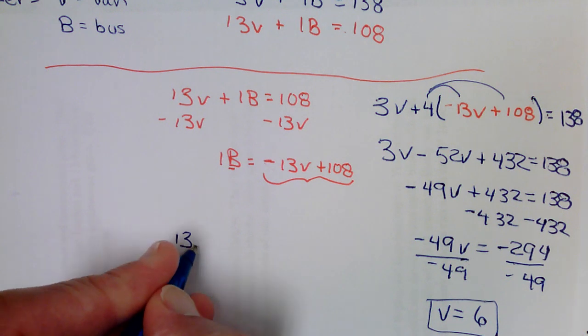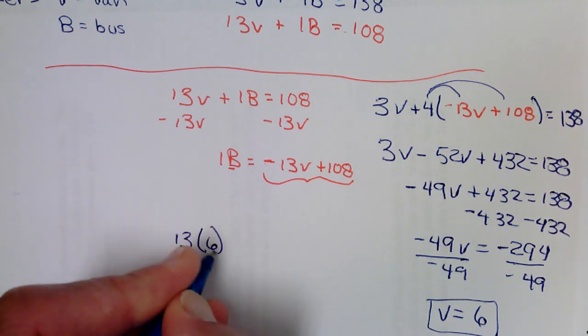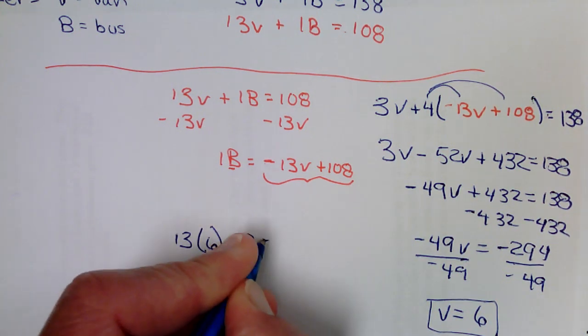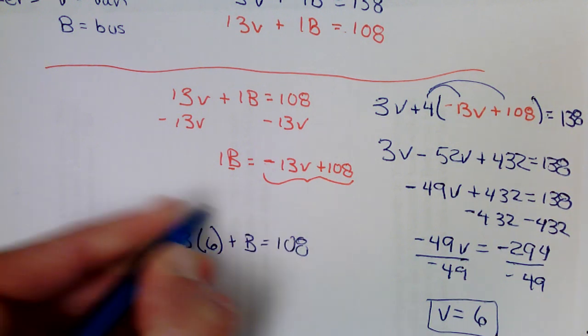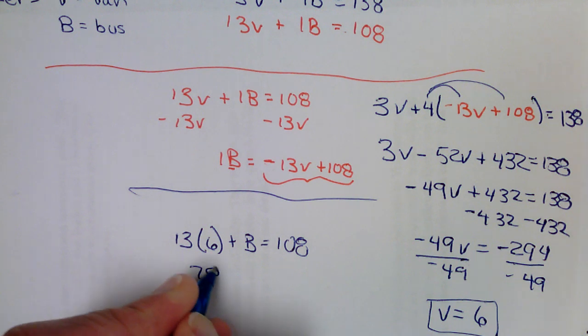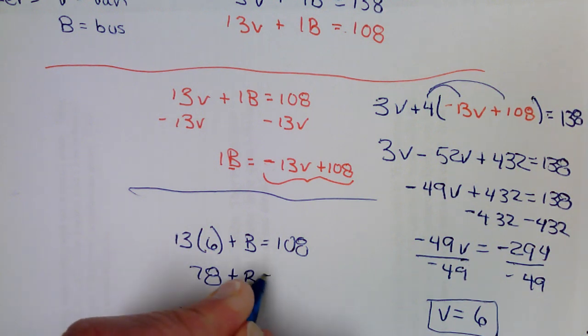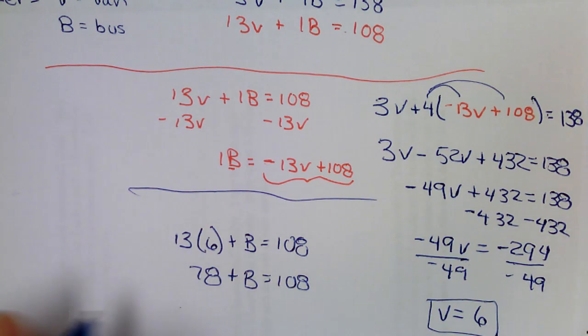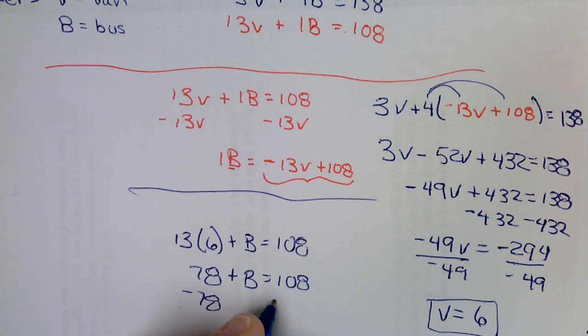So I have 13 times 6 plus B equals 108. 13 times 6 is 78, plus B equals 108. Subtract 78. B equals 30.